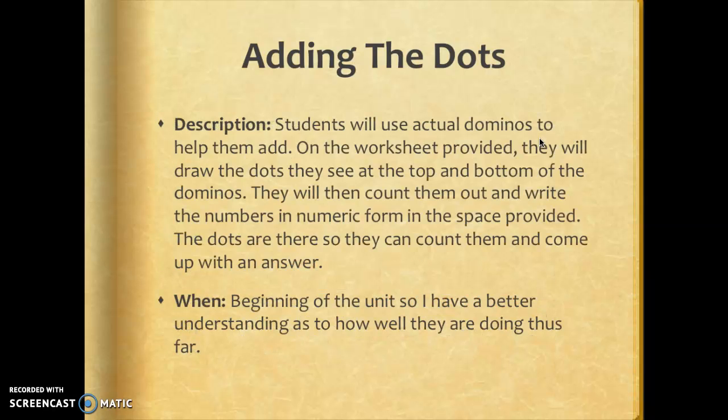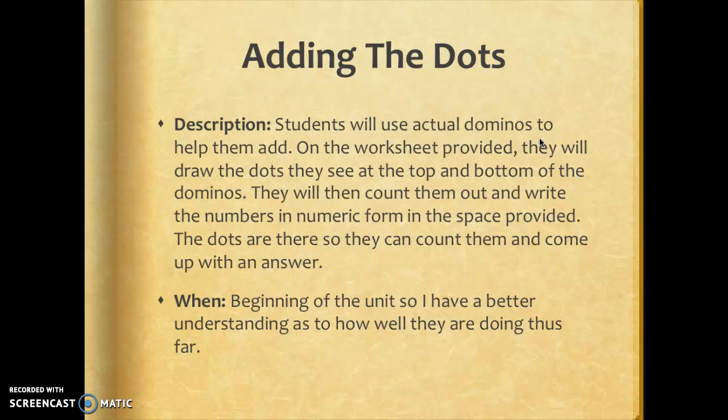So students will use actual dominoes for this project to help them add, and they will also be provided the worksheet that you saw at the beginning, which was an example. They will fill in the dots as they see them on the dominoes in the spaces provided.